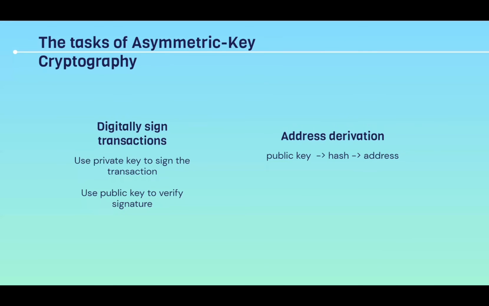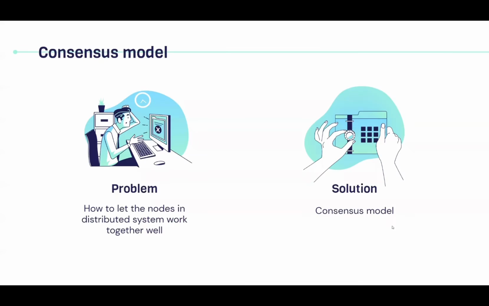It is used in blockchain to sign transactions digitally. A user can sign the transaction with the private key, and other users can verify the signature using the signer's public key. And also, as mentioned before, the user can use the hash function with the public key to generate the address which is used for transfer.